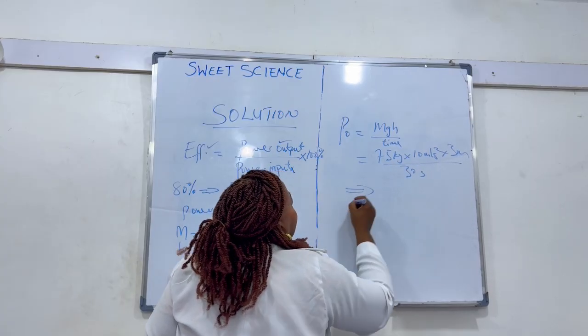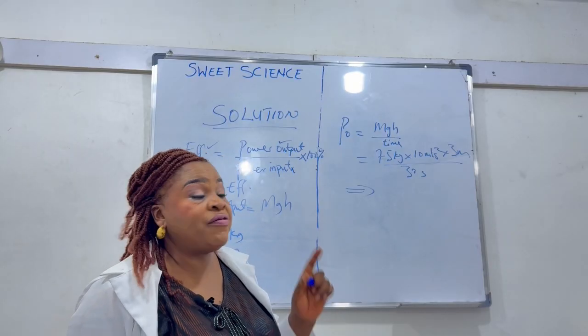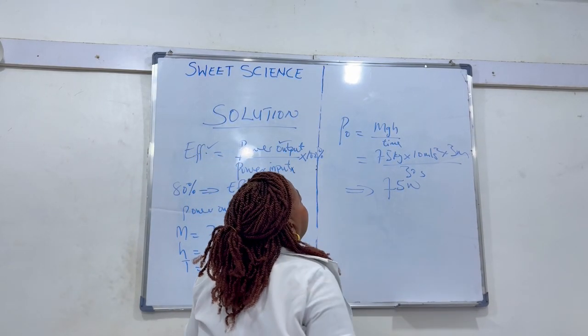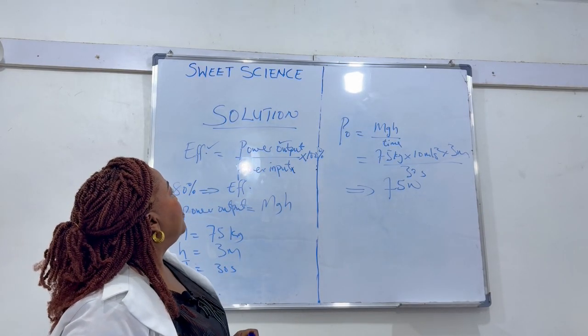So when we calculate this, we are going to have 75 watts. We already have the power output.